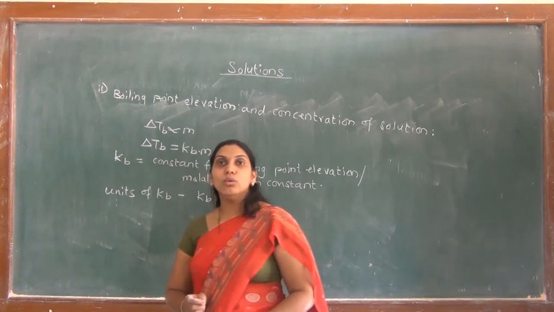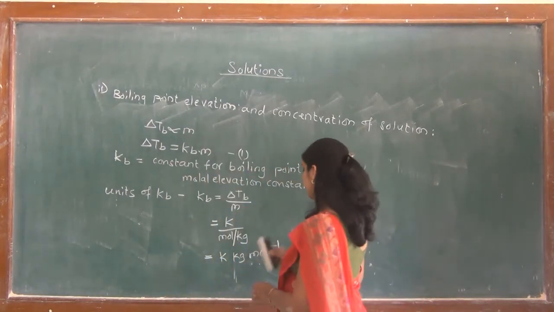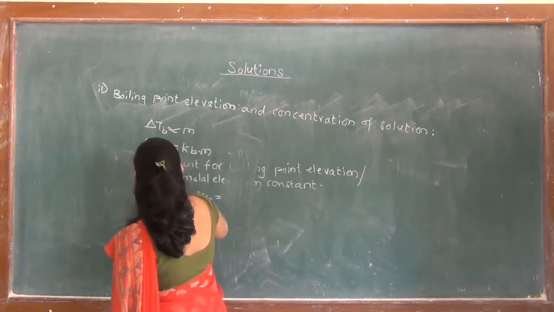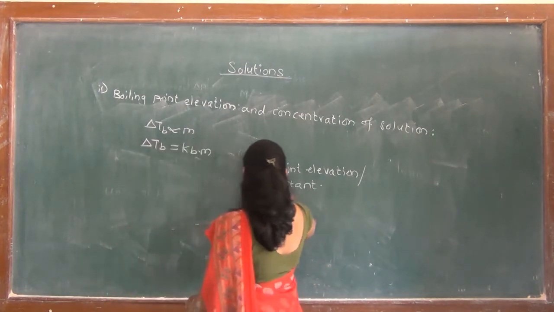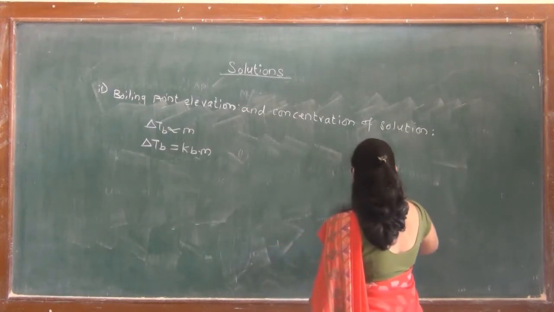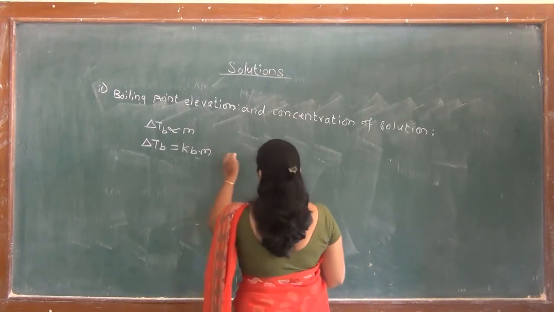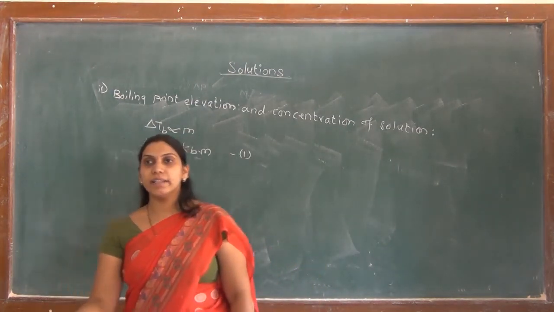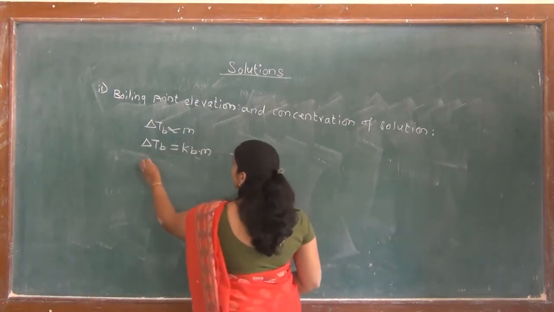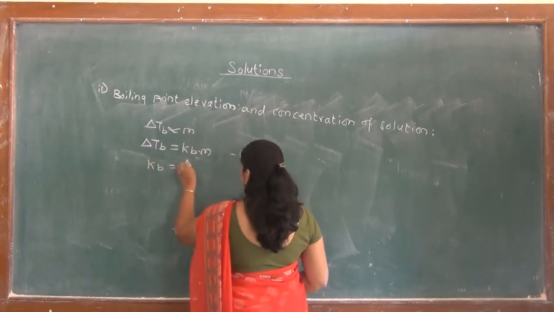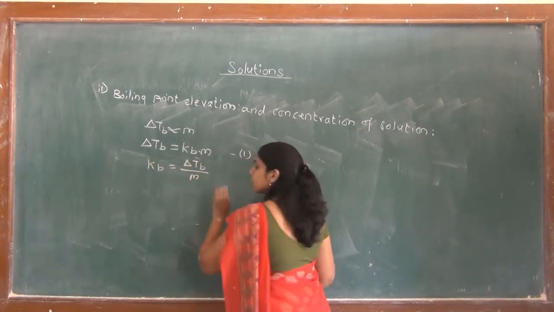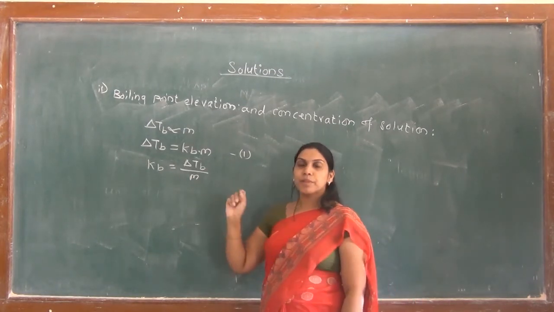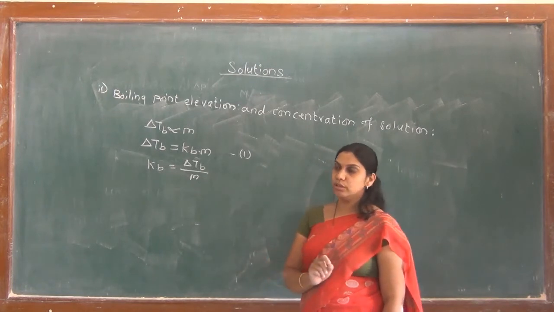Now we'll see the definition of Kb. From equation 1, we can write the equation for Kb, that is Kb is equal to delta Tb upon m. m is the molality of the solution.